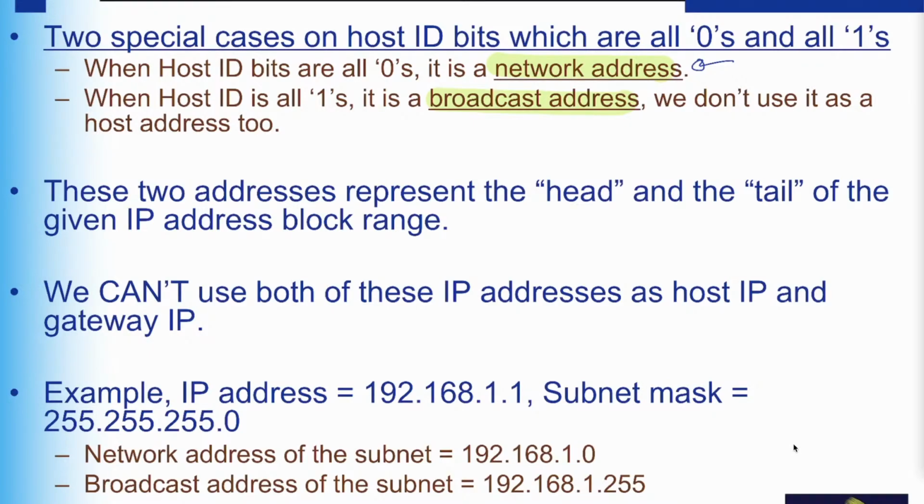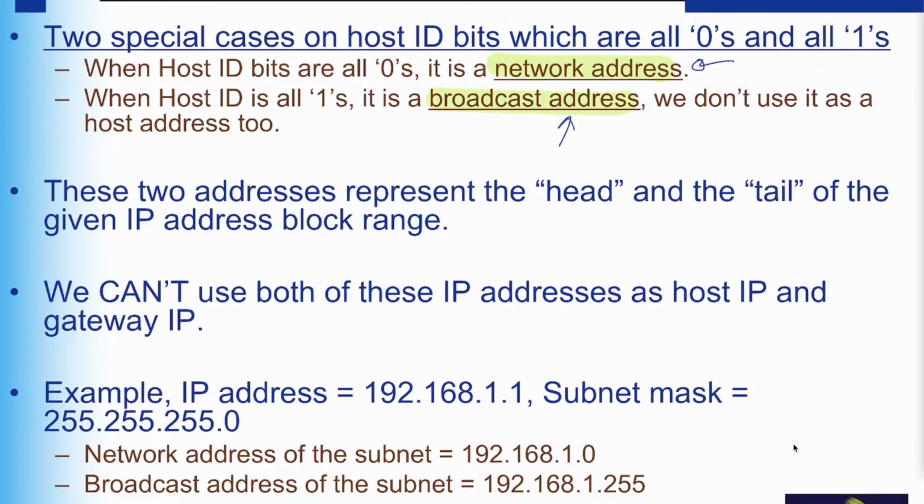Now the next address is the broadcast address. Broadcast means like a PA system. I want to announce this Saturday we have a quiz, please make sure you wake up on time. Something like that. I want the whole class to know about the announcement. So broadcast is an address that you use if you want to send the same data to everyone in the same LAN.